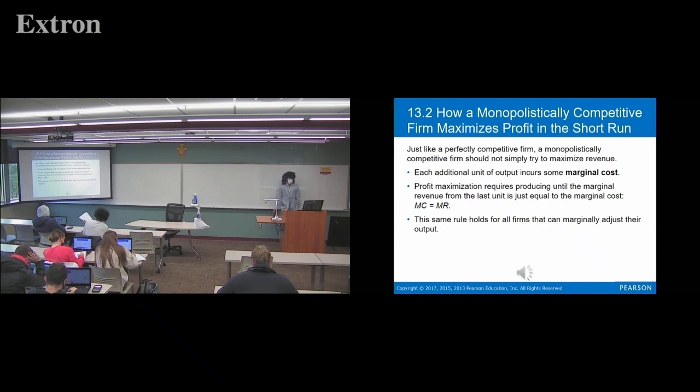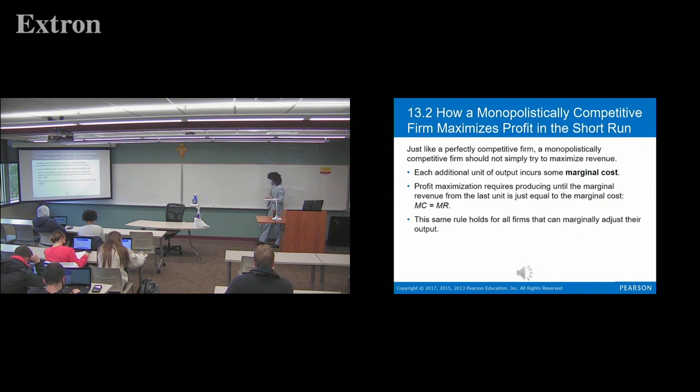So just like a perfectly competitive firm, these monopolistically competitive firms are not going to simply try to maximize their revenue. Remember, there's two sides. There's the revenue and there's also the cost that they face. So every time they produce an additional unit, they're going to have some marginal cost from that production. So if they want to maximize their profit, they're going to have to produce until the marginal revenue from the last unit is equal to the marginal cost of that last unit.